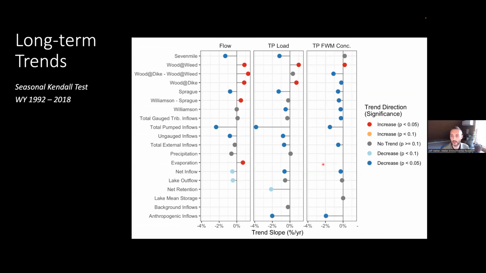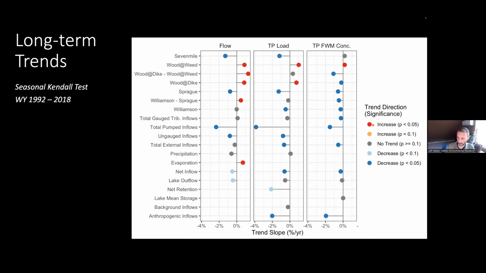So the next analysis we updated was our long-term trend analysis. So this is showing the estimated trend slopes in percent per year for each term in terms of flow, TP load, and concentration. The colors of the points represent whether the trend is increasing or decreasing and what the significance level is.